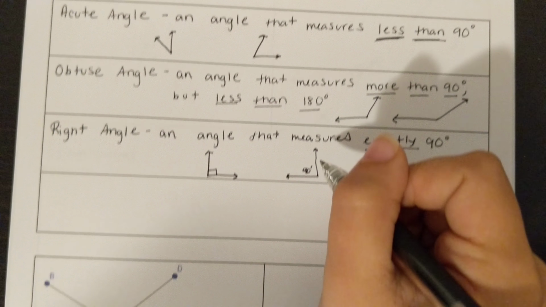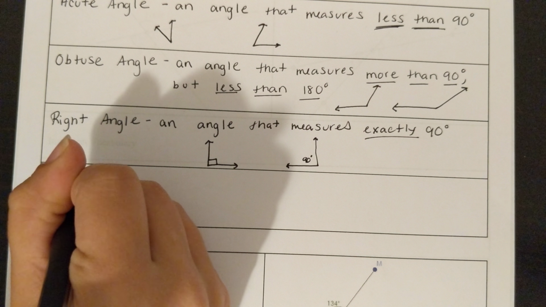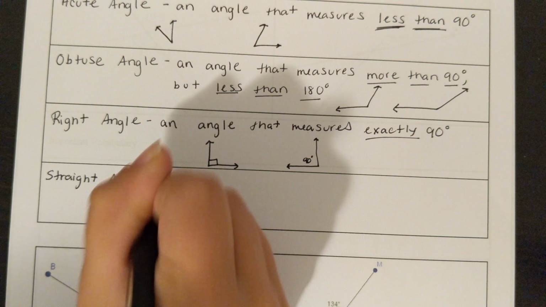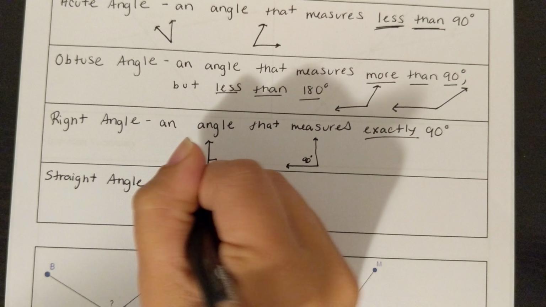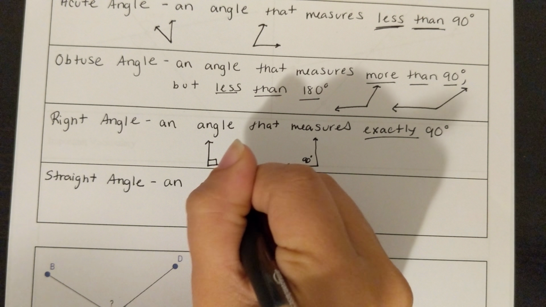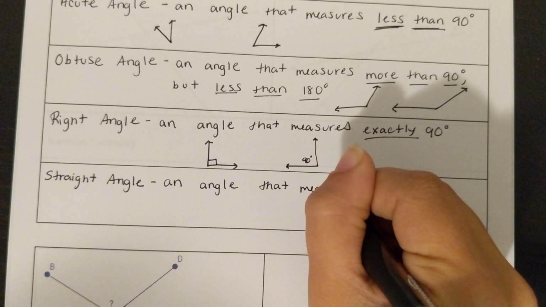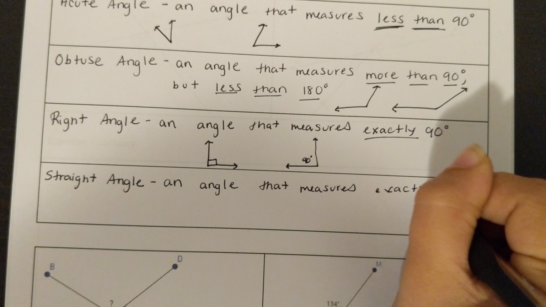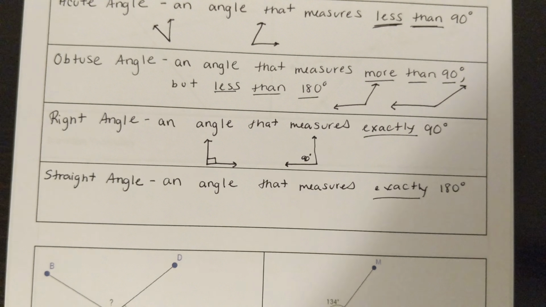The last vocab we want to do is a straight angle. A straight angle is an angle that measures exactly 180 degrees.